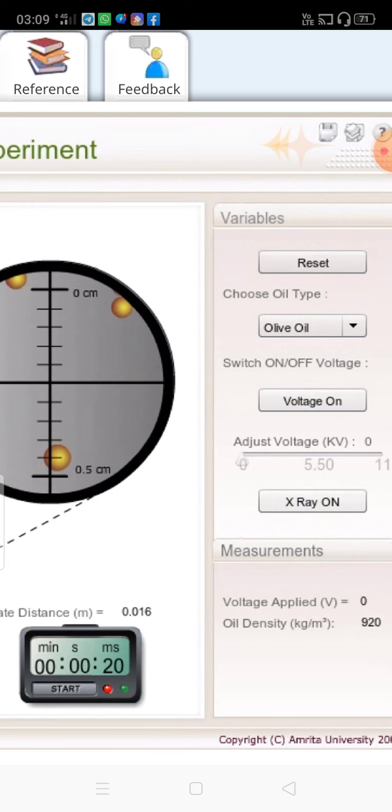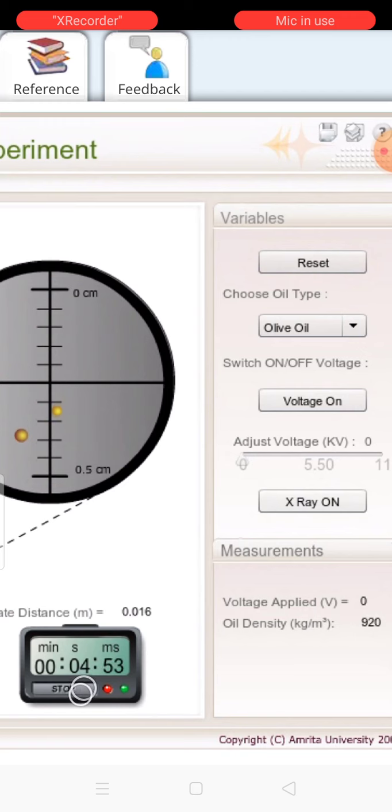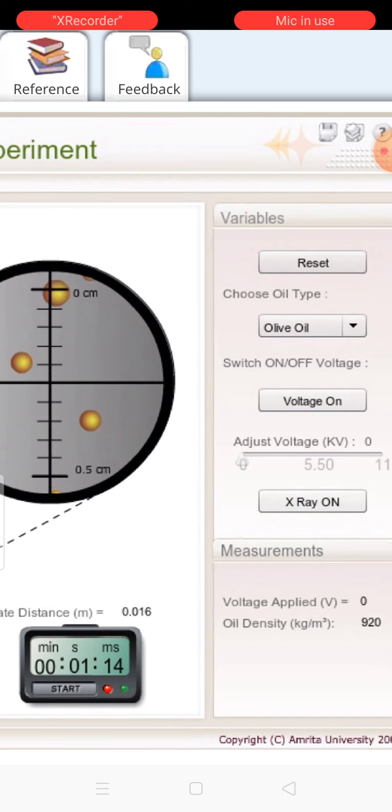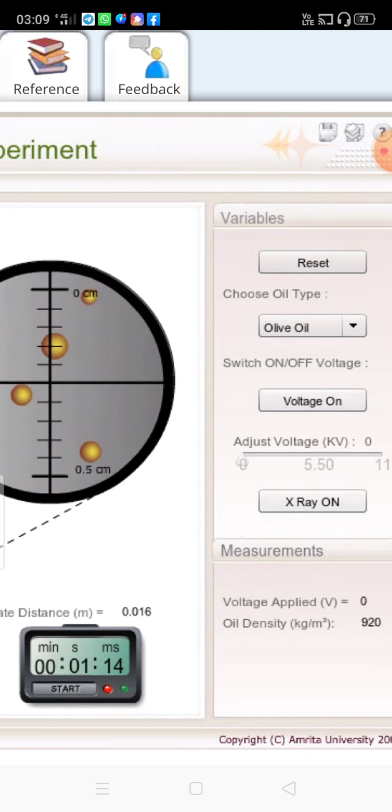It started. Start, stop. So you notice here that starting and stopping is a very important thing.